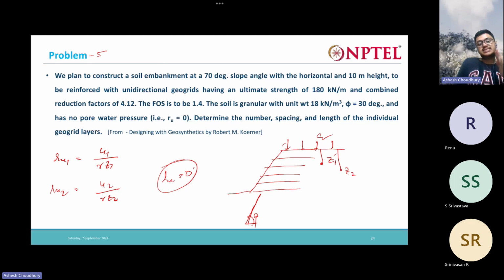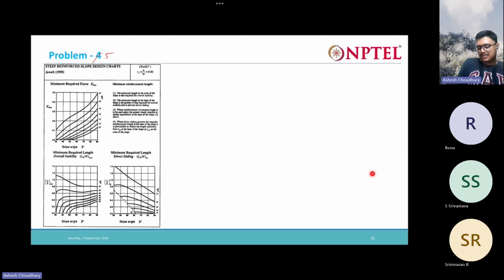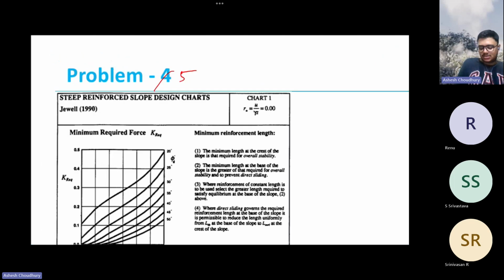But since it is 70 degrees, we can design it as a reinforced slope, and the slope we are considering is a steep slope. For the steep slope, Jewell gave some design charts to make our task easier. So we'll take help of the design charts. You can see the name of the charts is steep reinforced slope design charts.